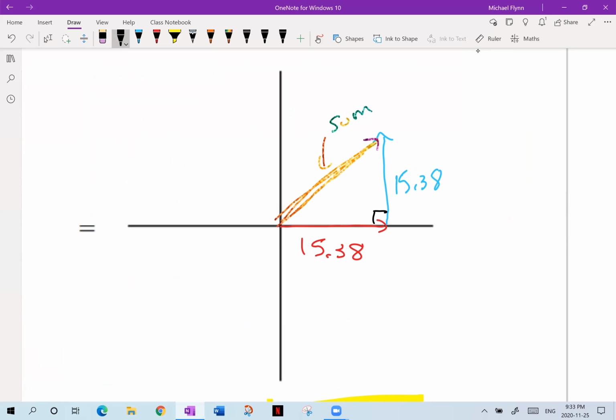So you can use the Pythagorean theorem to work out the hypotenuse. Okay, you do it like a squared plus b squared equals c squared, right? So I'm going to square that number plus the other, and I get here, I'm going to erase this word sum. Whoops, I'm going to erase the whole thing.